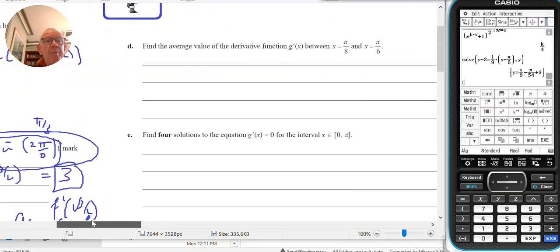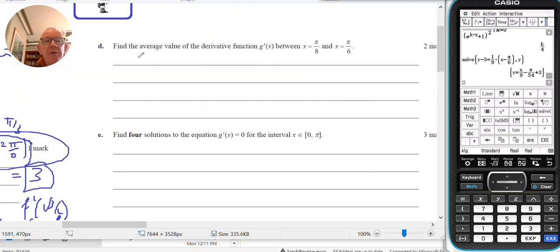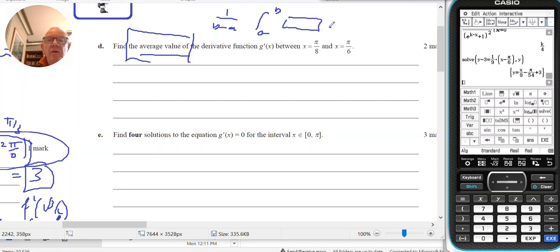Okay, 2 bits to go. Find the average value of the derivative. I have a rule for the average value. It's 1 on b minus a, integral of a through to b of whatever it is I want the average of dx. I want it of g dash.